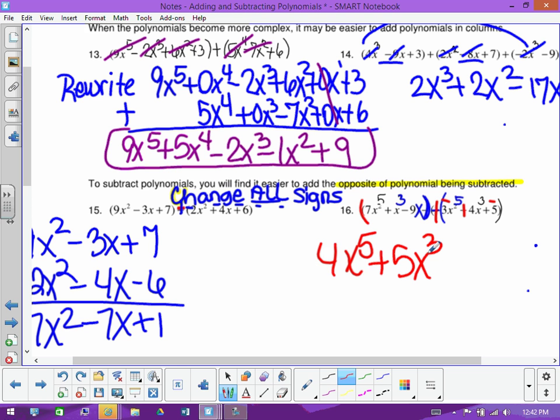We have a 9x that can't be combined with anything. And then we have minus 5. Because that was minus a positive 5, which is the same as plus a negative 5. So those signs have to be correct.